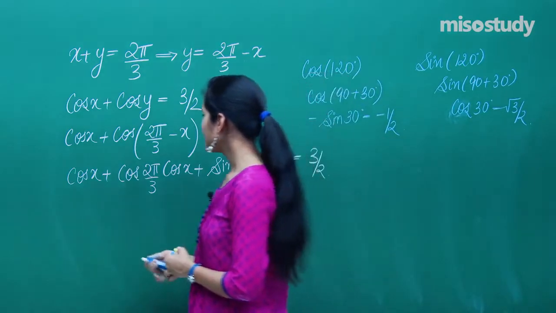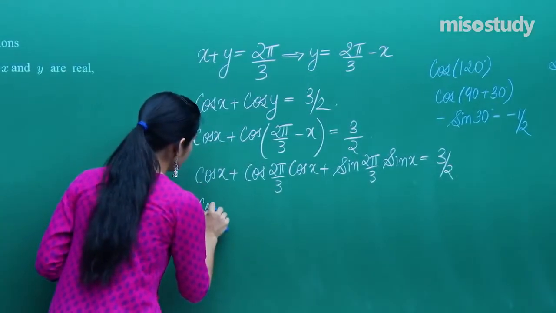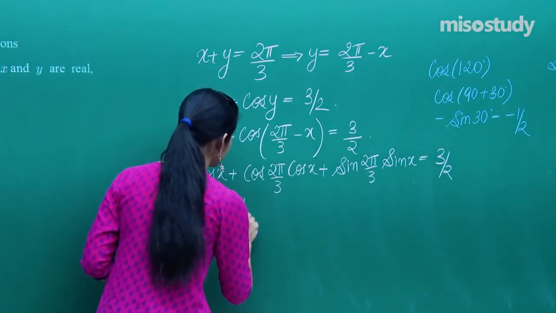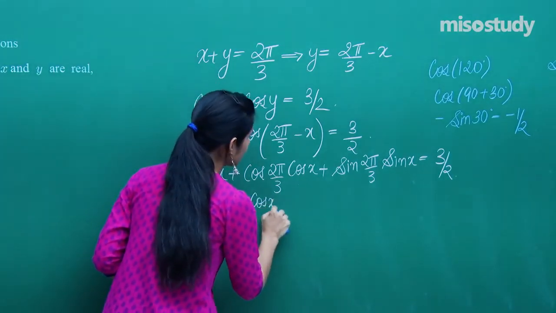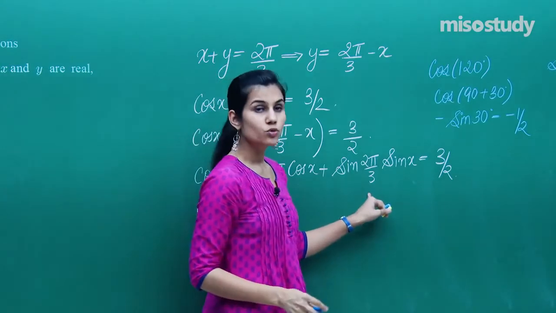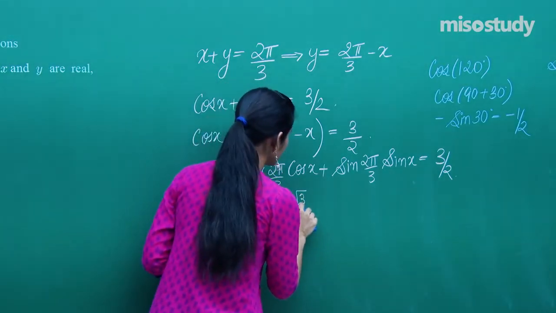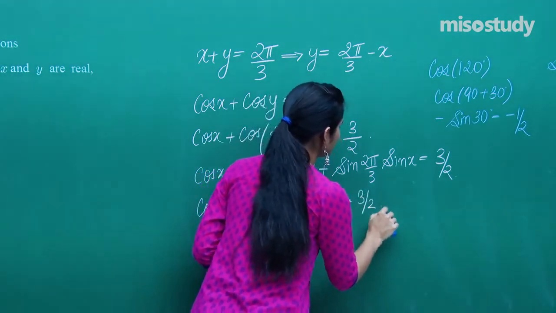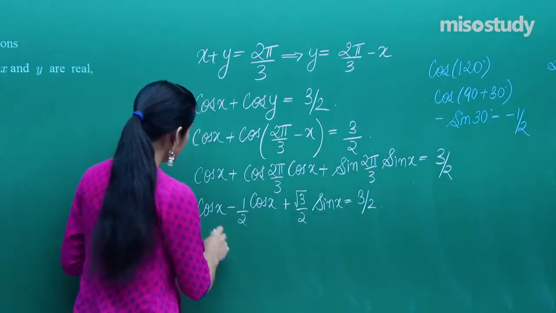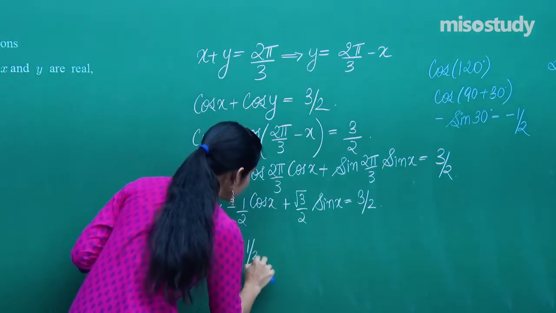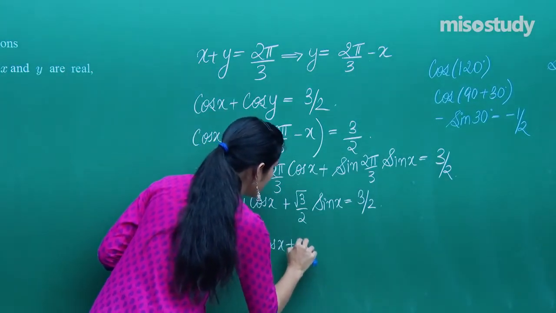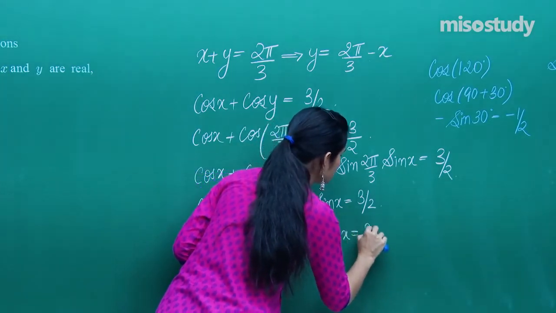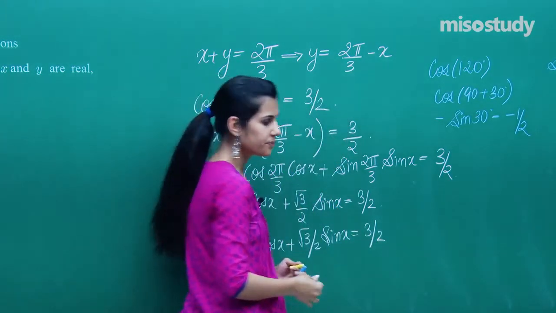And so what will be the expression? You have cos x, cos 2 pi by 3 is minus 1 by 2. So this is minus 1 by 2 cos x. Sin 2 pi by 3 is root 3 by 2, plus root 3 by 2 sin x equals 3 by 2. Cos x minus half cos x is half cos x plus root 3 by 2 sin x equals 3 by 2.